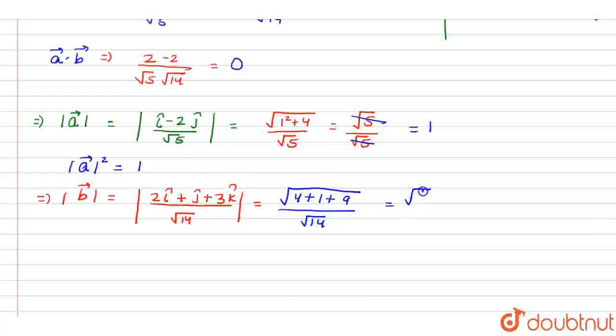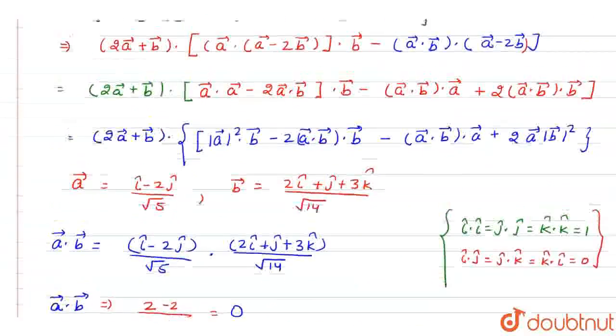On solving this we get under root 14 divided by under root 14, the under root 14 cancels out, and we get 1. Now the magnitude of a vector is equal to the magnitude of b vector is equal to 1.